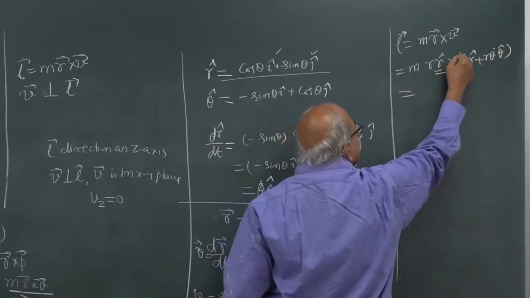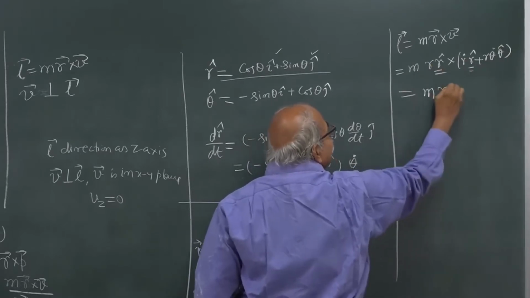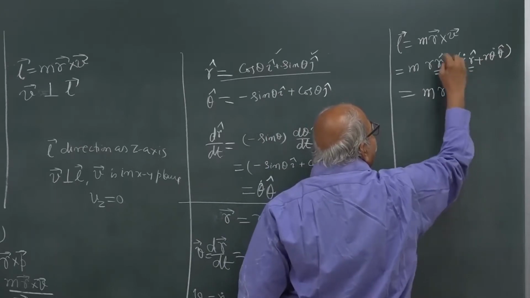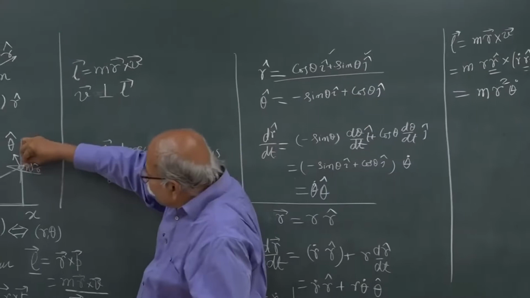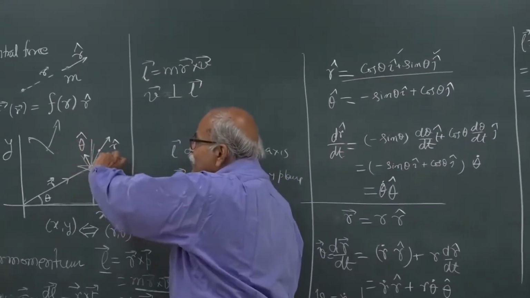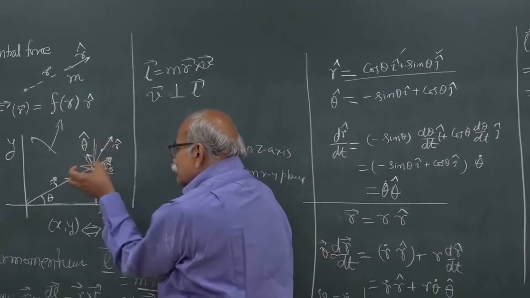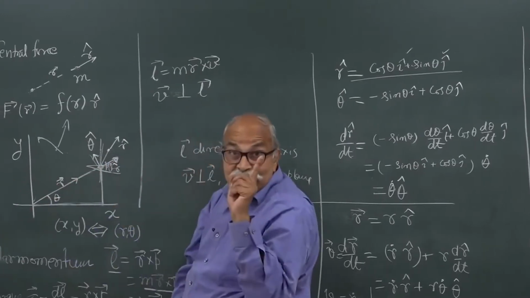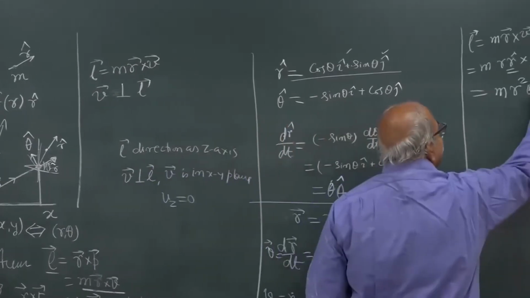R cap cross r cap is 0. So, it is m into r and then r theta dot times r cap cross theta cap. Come back here. Here is r cap and here is theta cap. So, what is r cap cross theta cap? This is a unit vector in this perpendicular direction, and that is z direction. So, this is k cap.